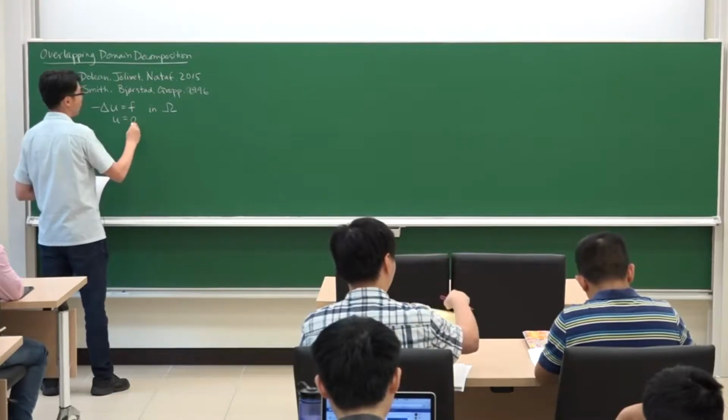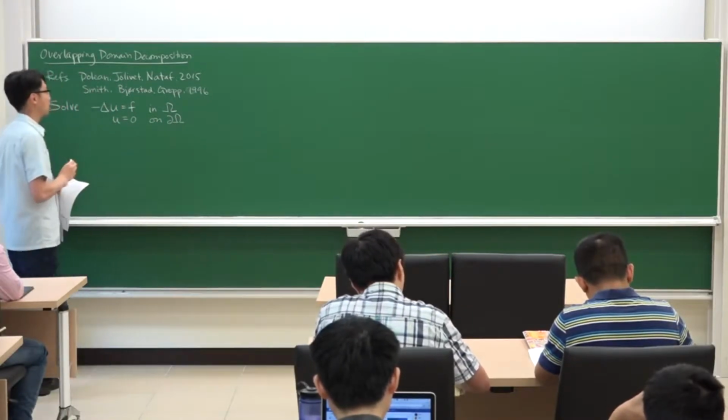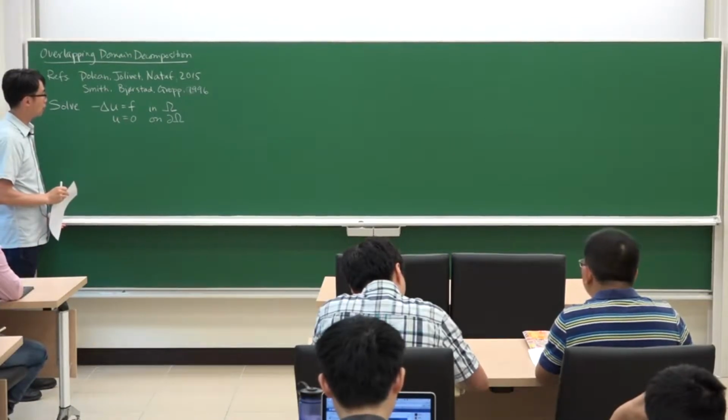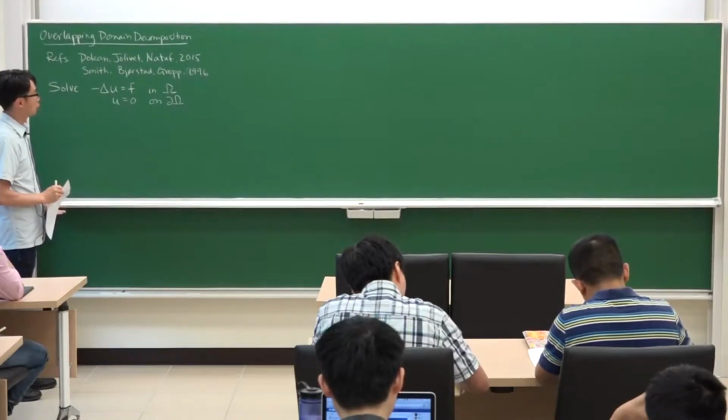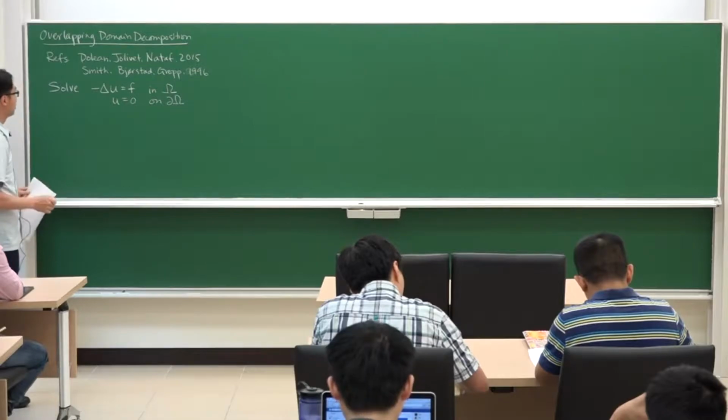So on the boundary, we'll have 0 on the boundary of the domain. Okay? And now we're going to split the domain into two overlapping regions.